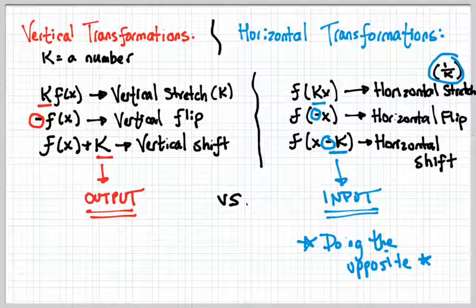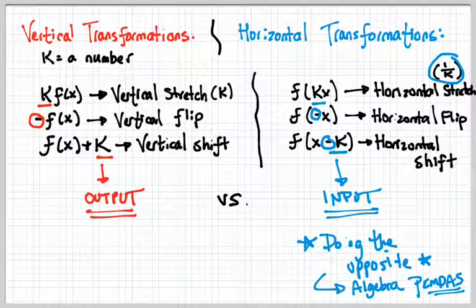Here you're doing the opposite with your shift, and your stretch is 1 over k. This has to do, and we'll look at this later, with the algebra involved here, specifically the order of operations and PEMDAS. Okay, we will come to figure out why this does what it does later, but for now I'm planting that seed, and it'll help you remember that you'll do the opposite with horizontal.